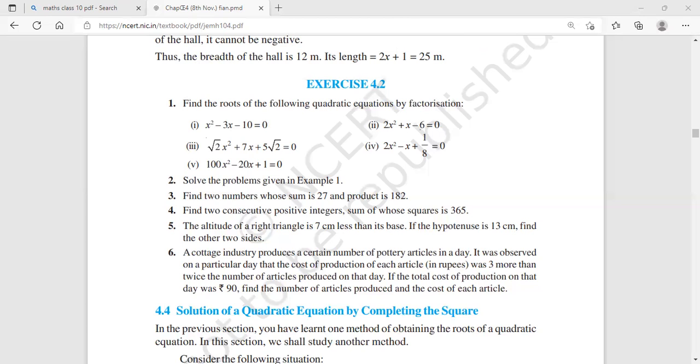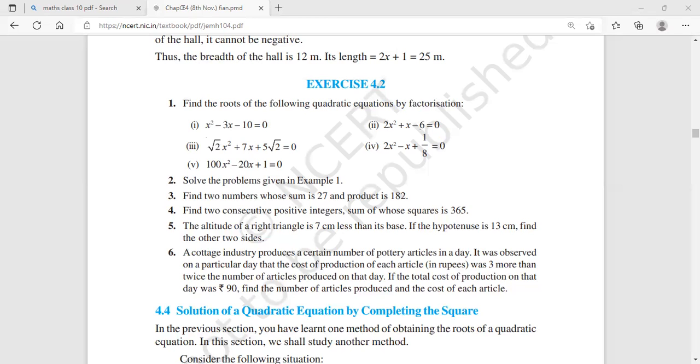Now, how do we form the relationship, or how do we get the quadratic equation? Whenever it's a right angle triangle, we have to go with Pythagoras theorem. In triangle ABC, angle B is 90 degrees. Therefore, using Pythagoras theorem, the hypotenuse square, AC square, is equal to AB square plus BC square. What is AC? 13 square.